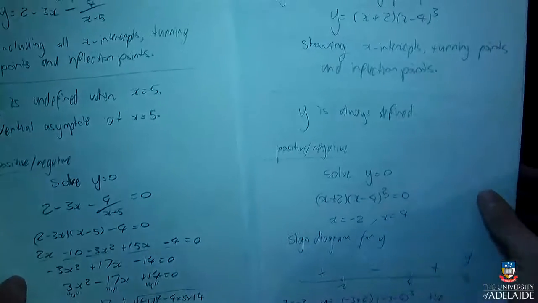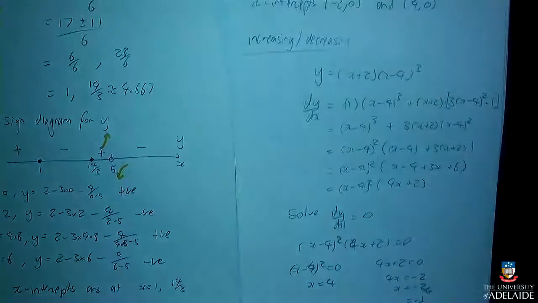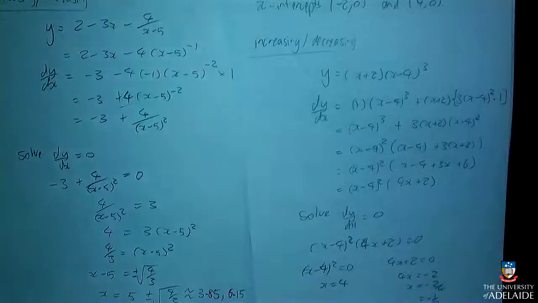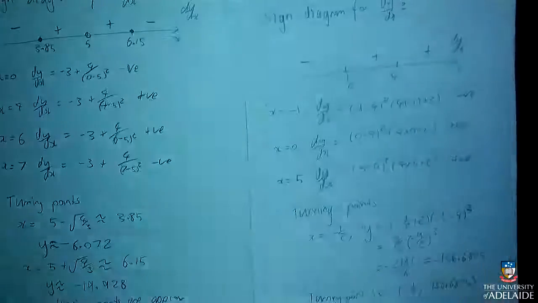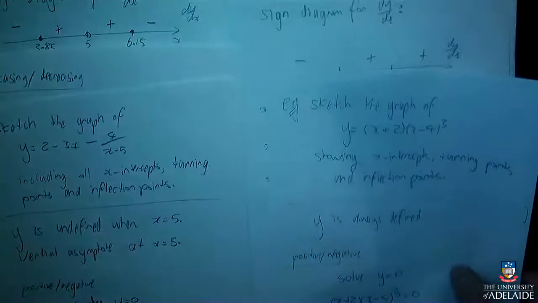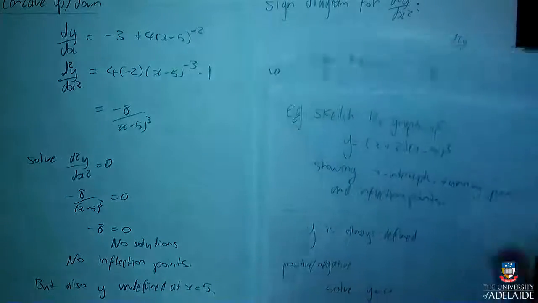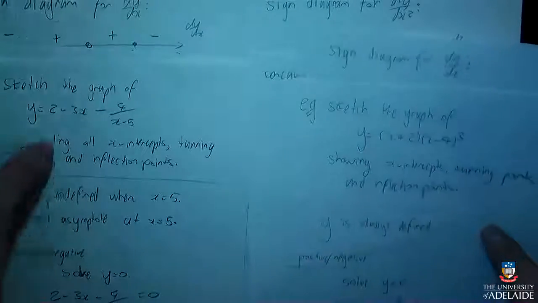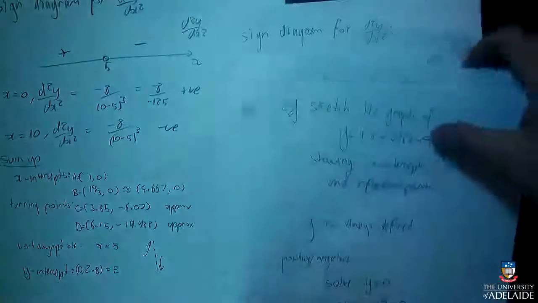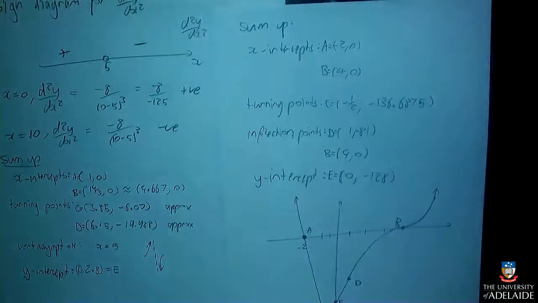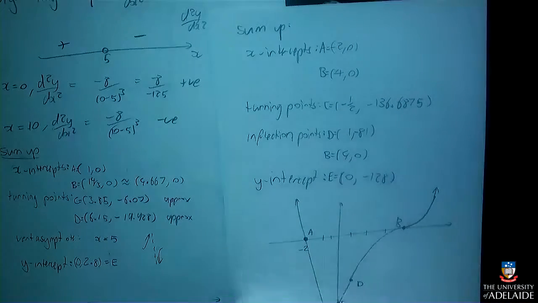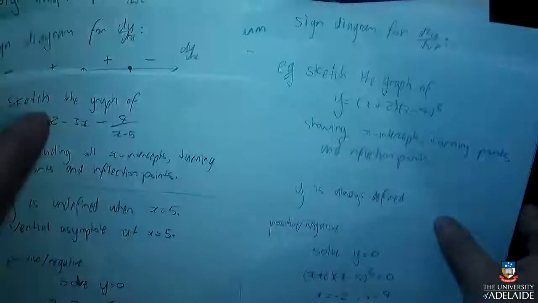And then I had the increasing, decreasing part, where I did the first derivative, which allowed me to know whether they were turning points or not. And then I had to find the y-coordinates of those turning points. And then I had to do where it was concave up and down, and find the y-coordinates of those inflection points. But it turned out that sometimes you don't get an inflection point. And then you're able to combine all that information together to make the graph.